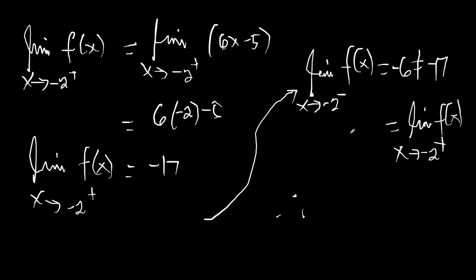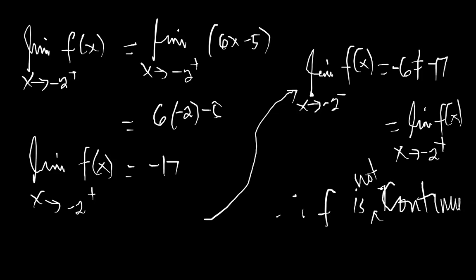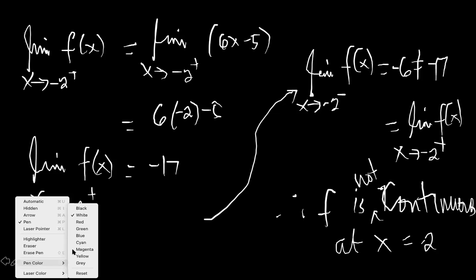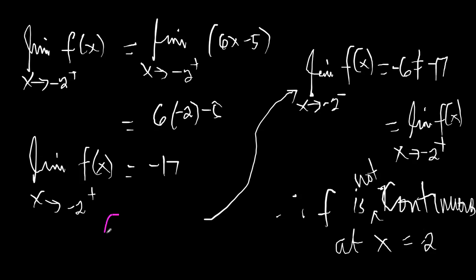So therefore, although they exist, they're not equal, we could say that f is not continuous at x is equal to -2. And we can conclude that f is not continuous.